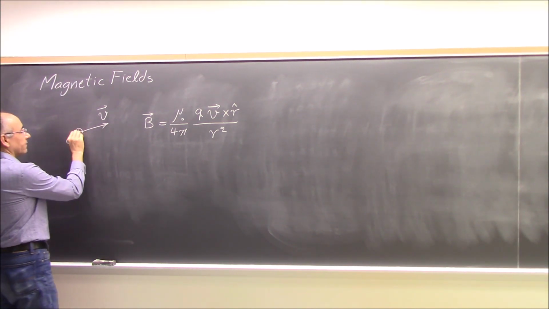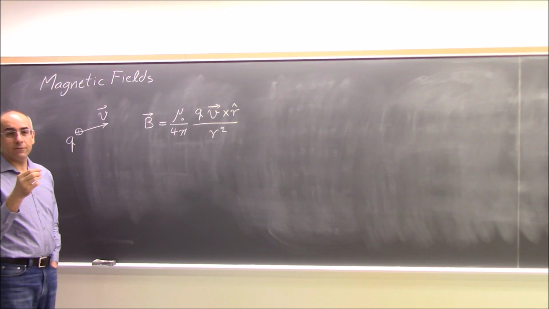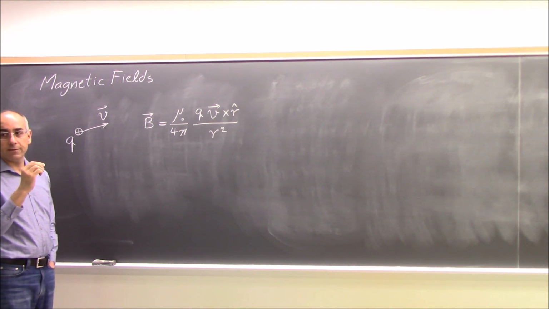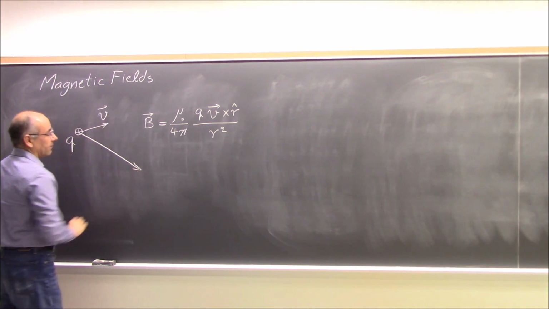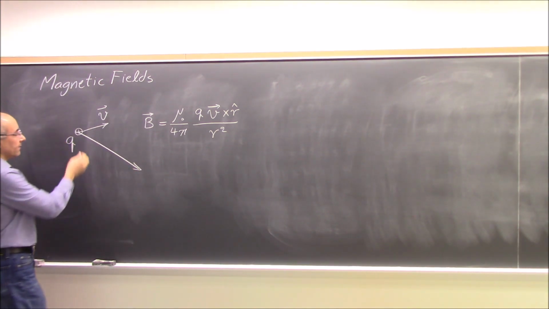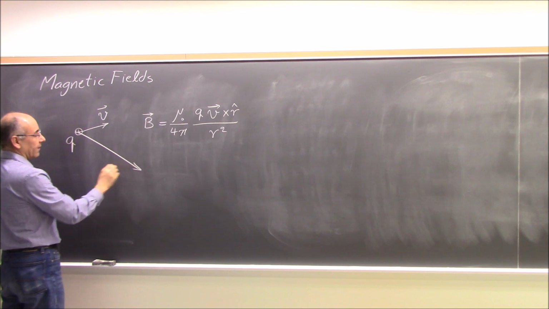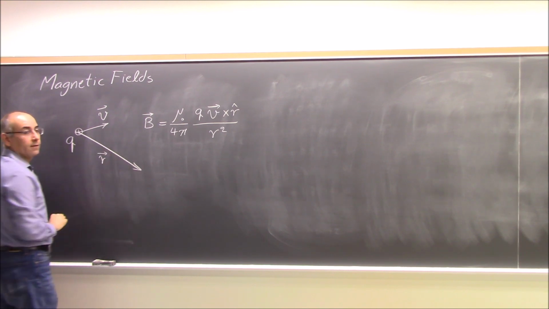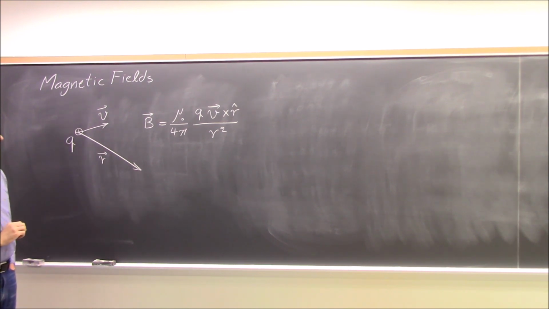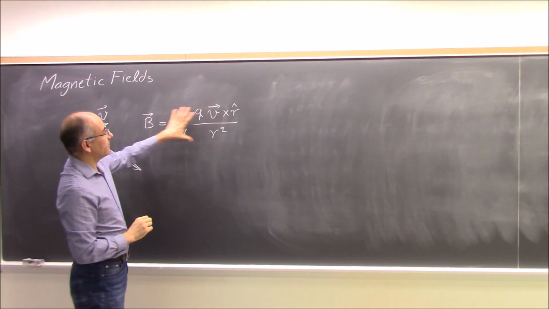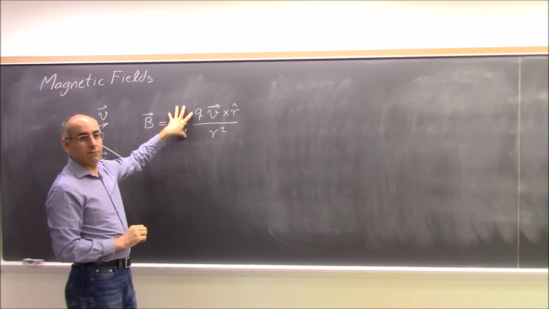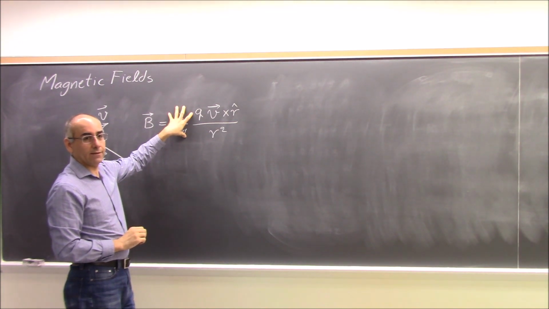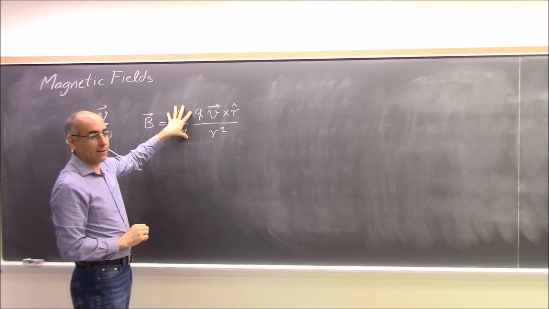For example, consider a coordinate system where the charge is at the origin, and at any point in that coordinate system, which you can denote by a vector r, it has a magnetic field like this. You see, the magnetic field has a constant. This is like 1 over 4 pi epsilon naught that we had, right? Or k.